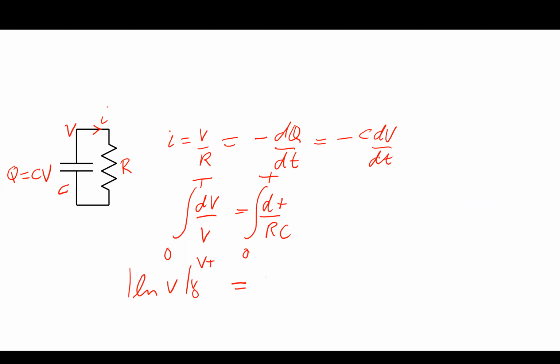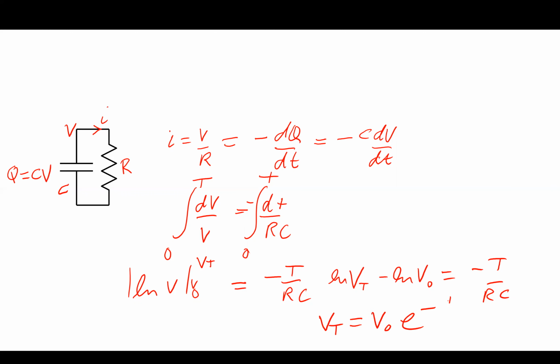and this integral, of course, is just minus t over RC, and so then taking the exponential of both sides and subtracting one log from the other to get a ratio, we have ln Vt minus ln V0 is minus t on RC, and then taking the exponential, we have Vt is V0 e to the minus t on RC.